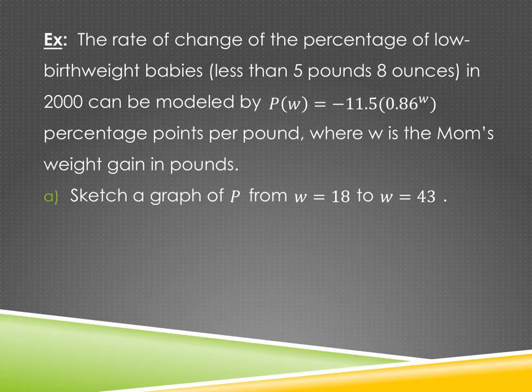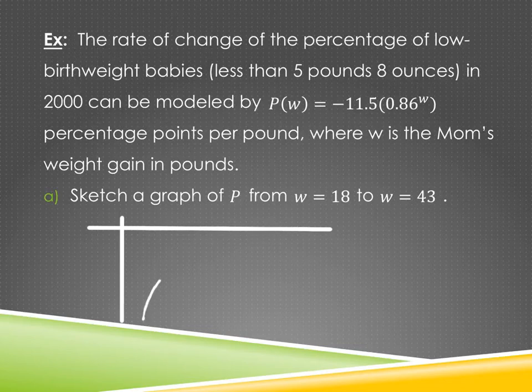So this is the graph that we're looking at sketching on our paper, okay? So go ahead and sketch this graph onto your paper. And you know from the graph that you're starting at 18 and you're going to 43.